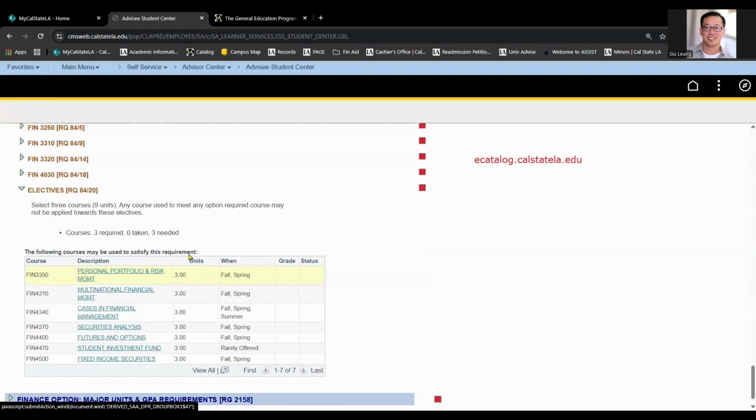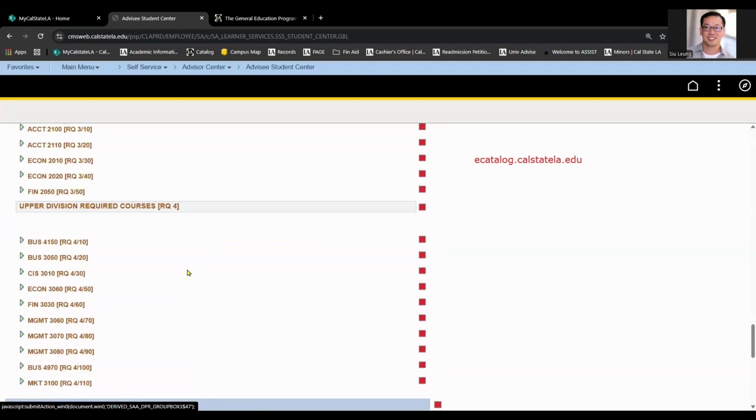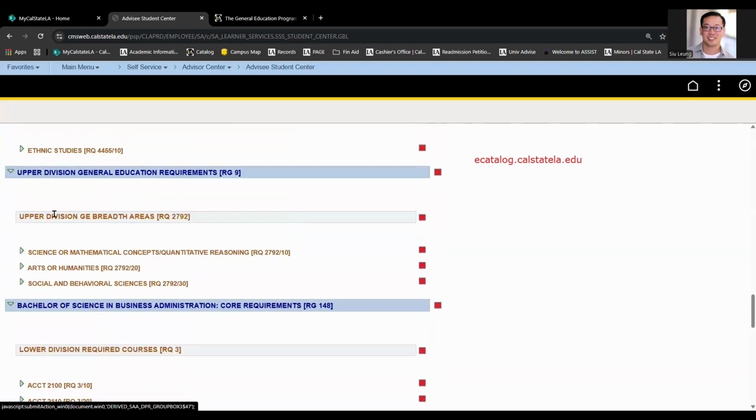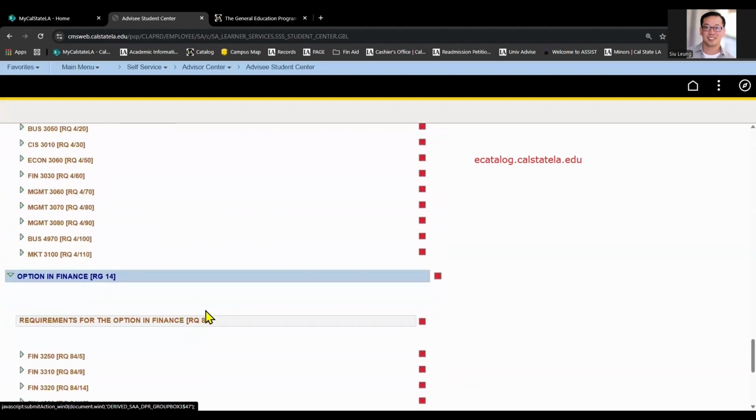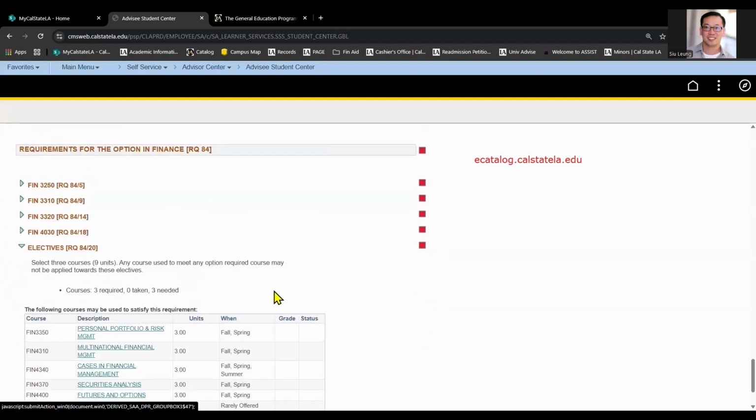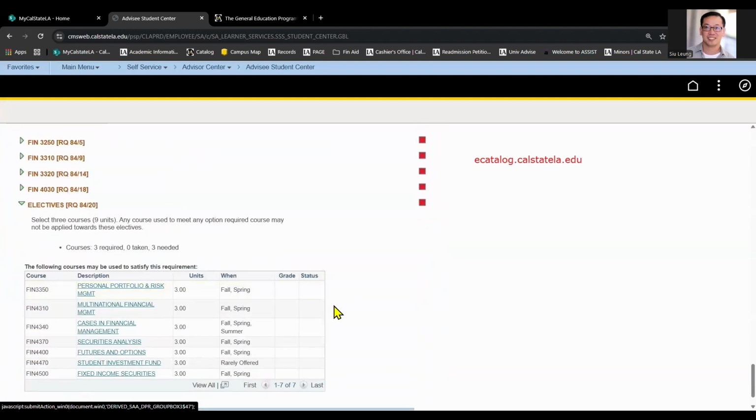So you pass all those classes, you pass all your major courses, you pass all your upper division GE courses and you complete all the university requirements, then you might be good to graduate. But you also need to double check those units. If you are under 120 units and you completed all the major requirements, all the university requirements, and all the GE requirements, but you're still lacking units, you still need to complete extra units just to reach the 120 unit minimum.